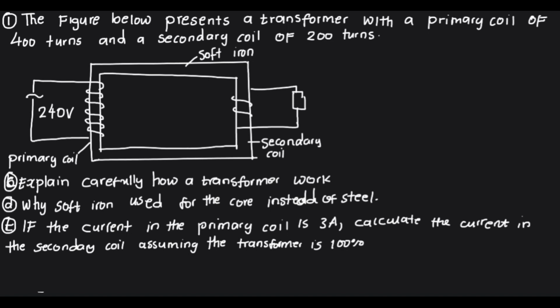Then for question D, why is soft iron used for the core instead of steel? The reason why they use soft iron is because iron is easy to magnetize and easy to demagnetize. The disadvantage of using steel is that if steel was to be used in a transformer, it may take time for it to demagnetize.